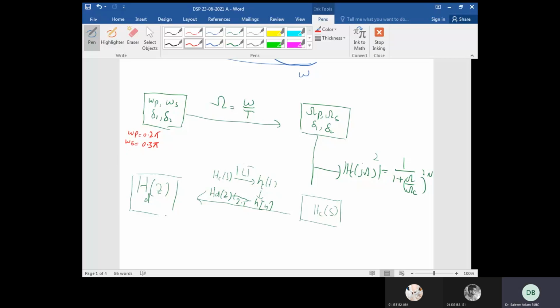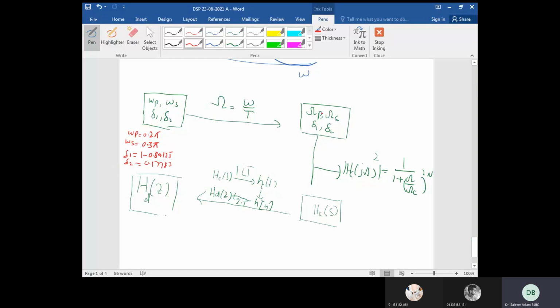What is delta 1? 1 minus 0.89125. But since in our case, delta 1 and delta 2 would not be really significant, I'll explain how. What is delta 2? 0.1778. Okay?